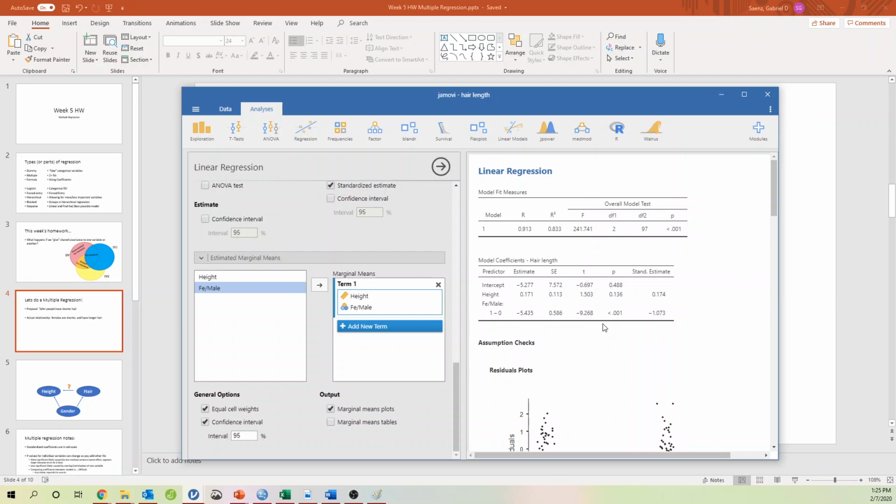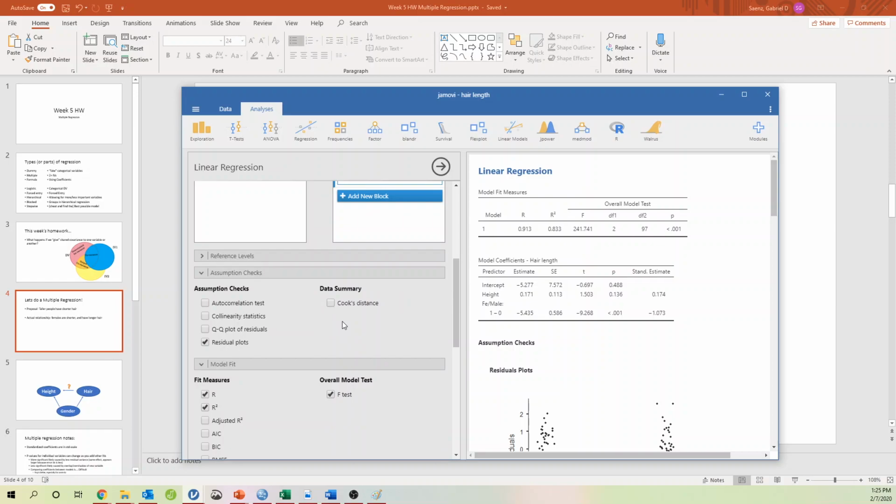I can prove that there is a substantial amount of overlap between these two in a couple of ways. We can check the collinearity statistics. Remember that a VIF of 10 is bad. 10 or greater means that you have too much relationship in your independent variables. This 7 is okay for the assumptions, but it does tell us that height and gender were pretty related.